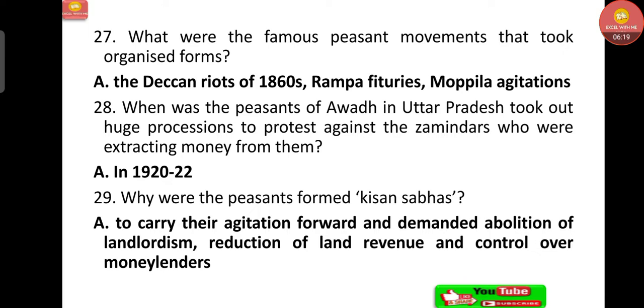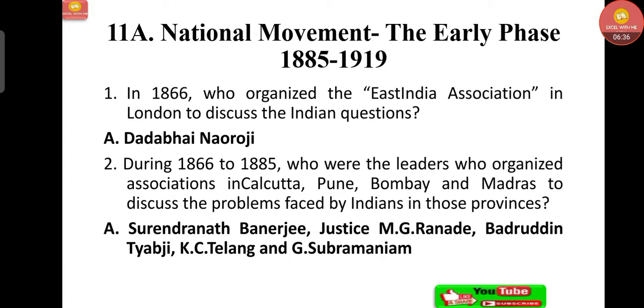In the year 1920-22. Why did the peasants form Kisan Sabhas? To carry their agitation forward and demanded abolition of landlordism, reduction of land revenue and control over money lenders.